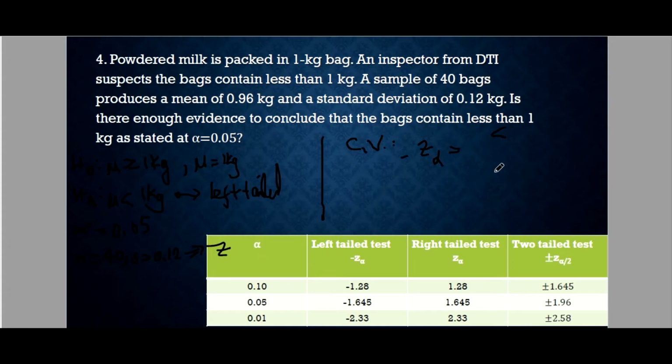Z sub alpha, and it's negative, and the alpha is 0.05, is 1.645. So we have negative 1.645. That is our critical value.